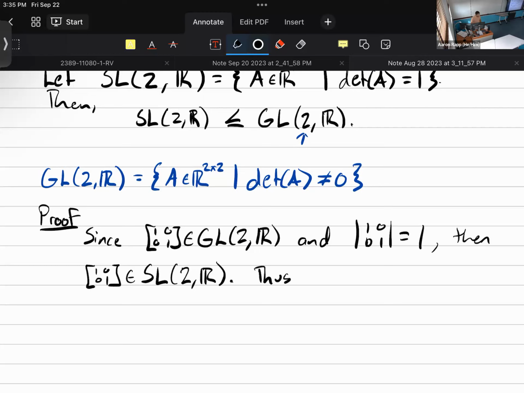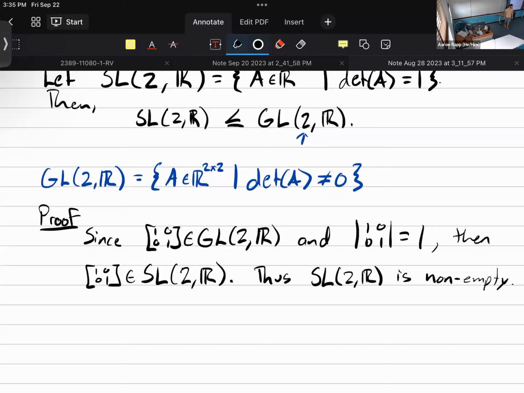There's at least something in it. So now that I know I'm dealing with a non-empty subset of that general linear group, I can proceed.